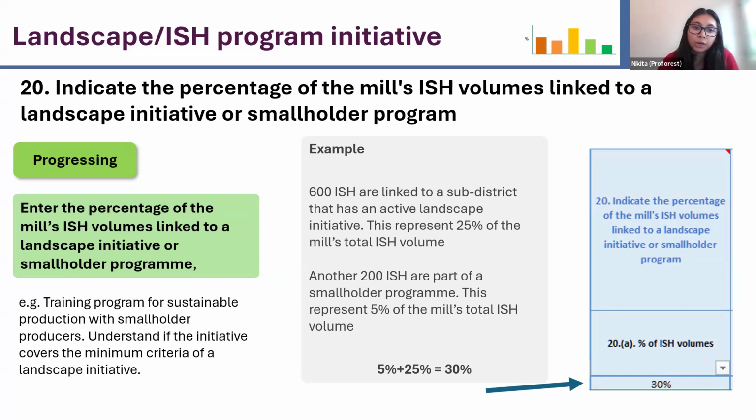And an additional 200 independent smallholders are part of a smallholder program, which represents 5% of the mill's total independent smallholder volumes. So to answer question 20, you would add the 5% and the 25%, which is 30%, and you would fill in 30% of independent smallholder volumes under question 20.